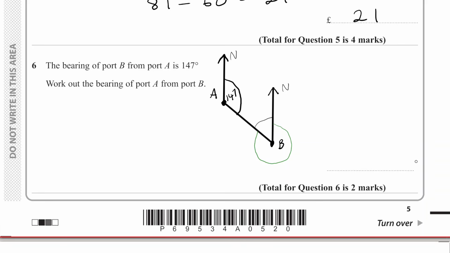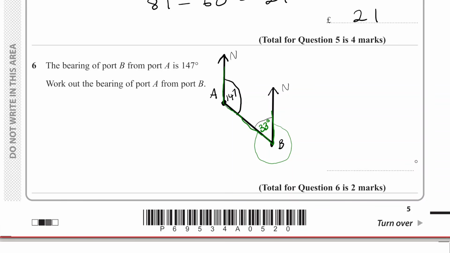If you walked down one north line, along this straight line and back up, you would have turned around 180 degrees. So co-interior angles always add up to 180 degrees. So 180 take away 147 gives us 33 degrees.